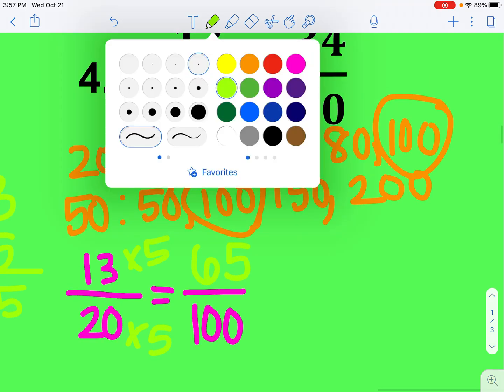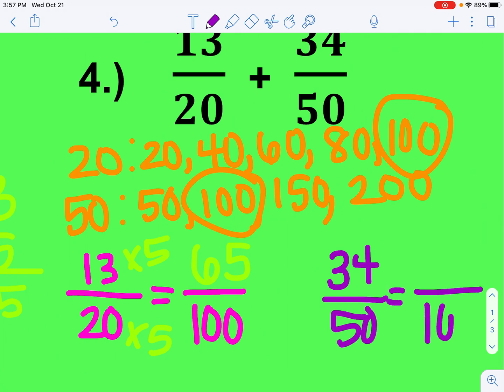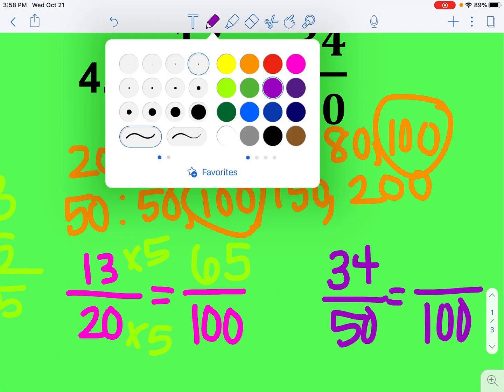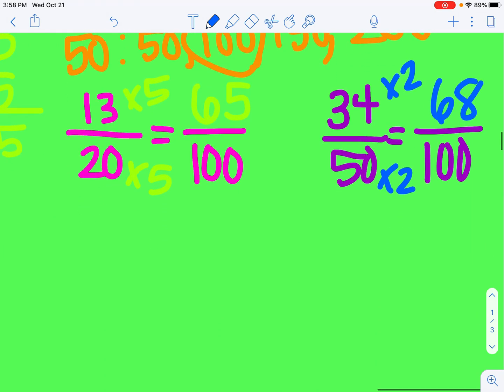Alright, now let's do the same thing with 34 over 50. I know my denominator is 100. 50 times 2 gives me 100, so I'm doing 34 times 2, which gives me 68. So I have my two fractions done.